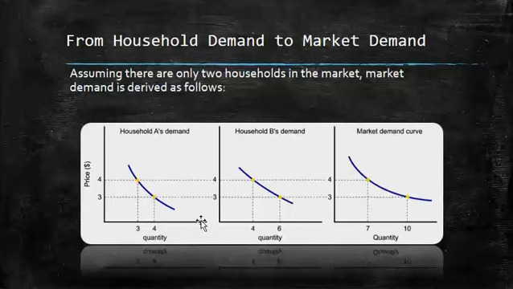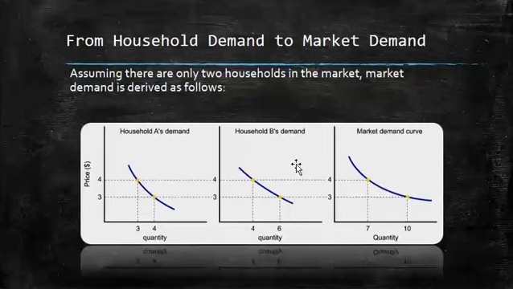No? So these are two individuals na magkaiba, yung sabihin natin magkaiba ang salary, no? Itong si household A, for a price of $4, tatlo lang yung nabili niya kasi nga mas maliit yung sweldo niya or yung salary niya.